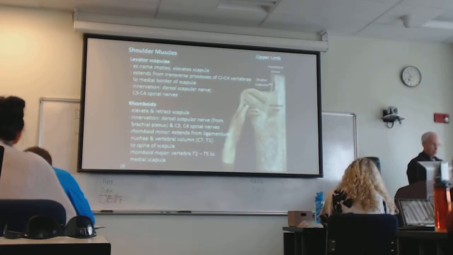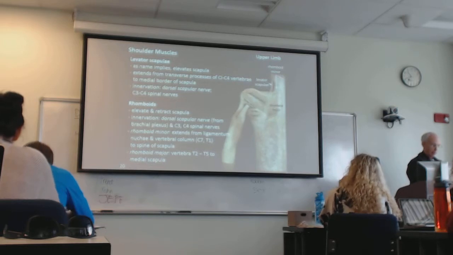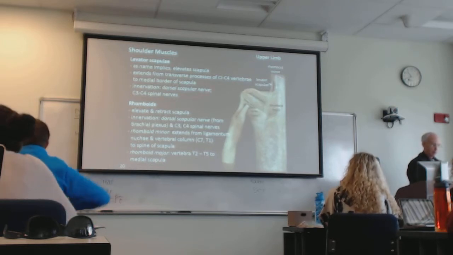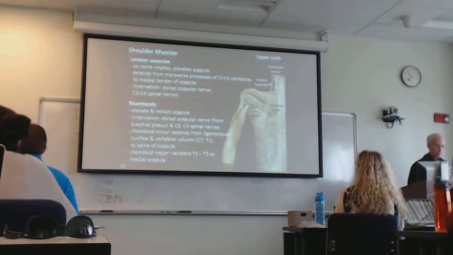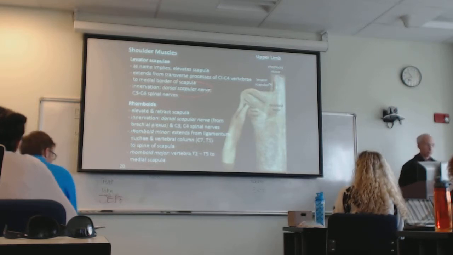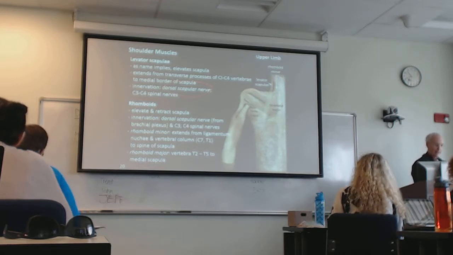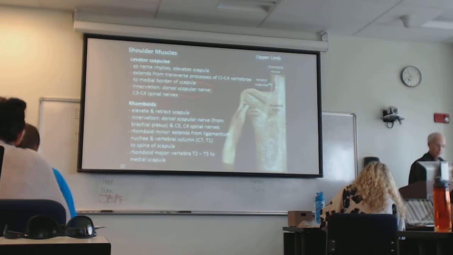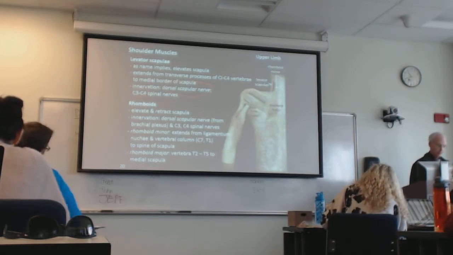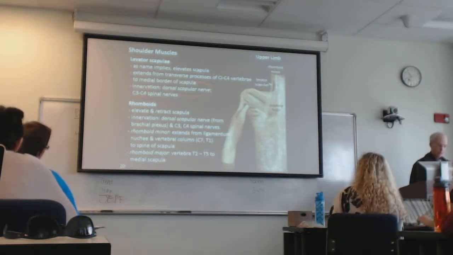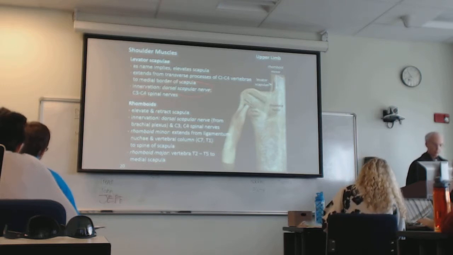We've talked about the levator scapula. Notice the levator and the rhomboids are both innervated by components of the dorsal scapular nerve. So again, the dorsal scapular nerve and the cervical plexus innervate the levator, and the same thing is true for the rhomboids. Primary innervation, though, is achieved by a branch of the brachial plexus.